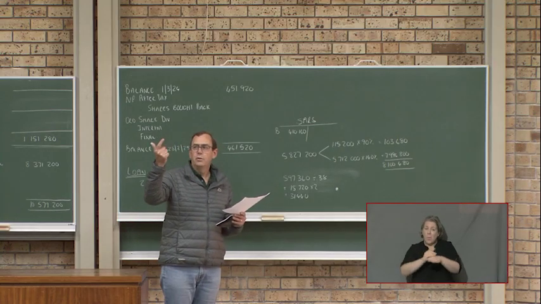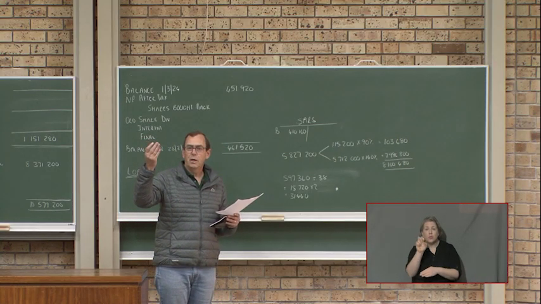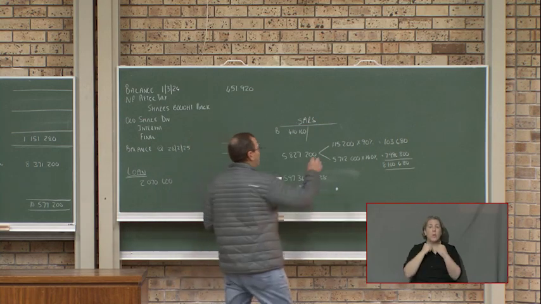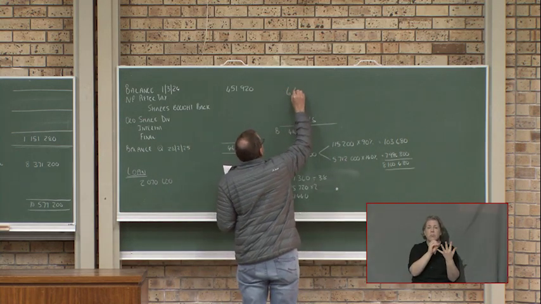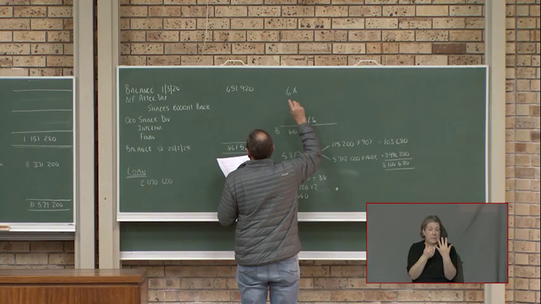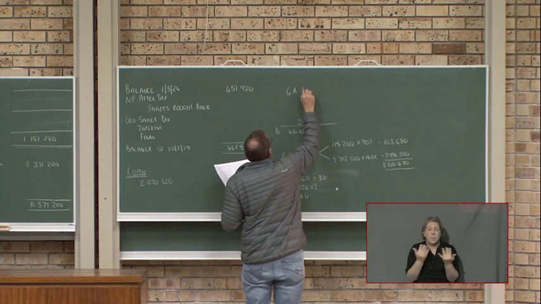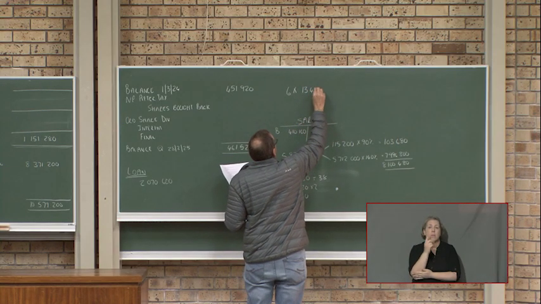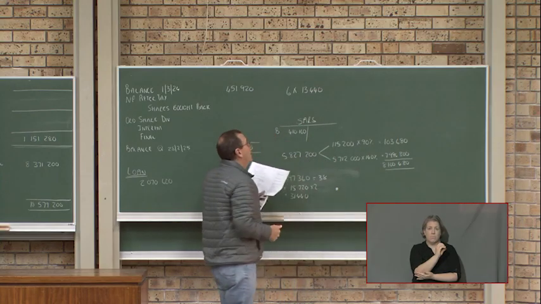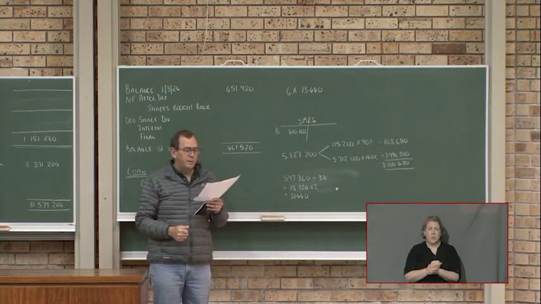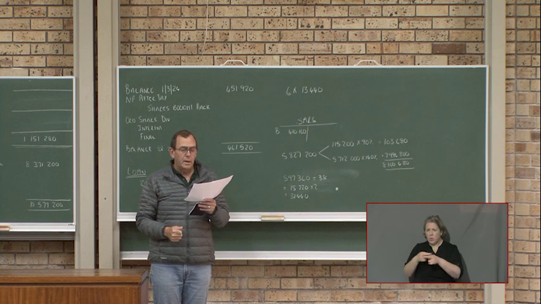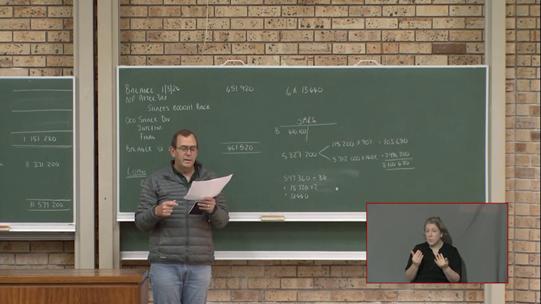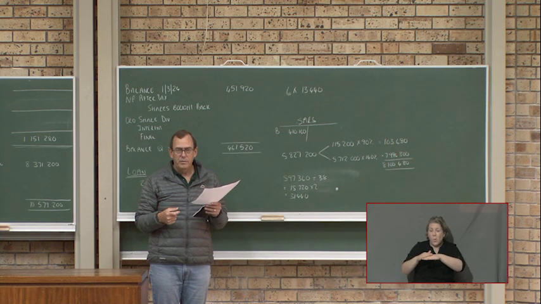So June, July, August, September, October, November. So for 6 months, our rent was 13,440. And from the 1st of December, our rent had an increase of 7.5%.